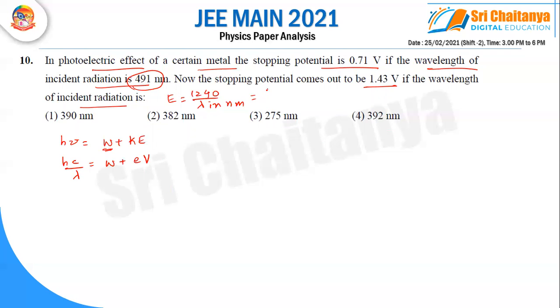So this energy is hc by lambda, that is 1240 by 491, which equals the work function plus the kinetic energy, 0.71 for the first equation. For the second equation, the stopping potential comes out to be 1.43, so I need to put 1.43 in this place.